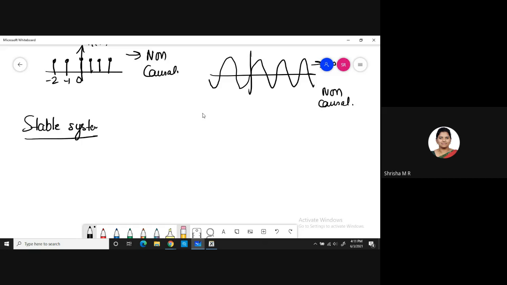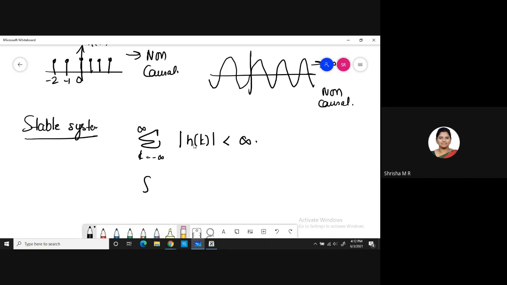A system is said to be stable if the impulse response is absolutely summable or absolutely integrable. With respect to a discrete time signal, the sum over k from minus infinity to infinity of modulus of h of k is less than infinity. So if the impulse response is absolutely summable, then it is stable.